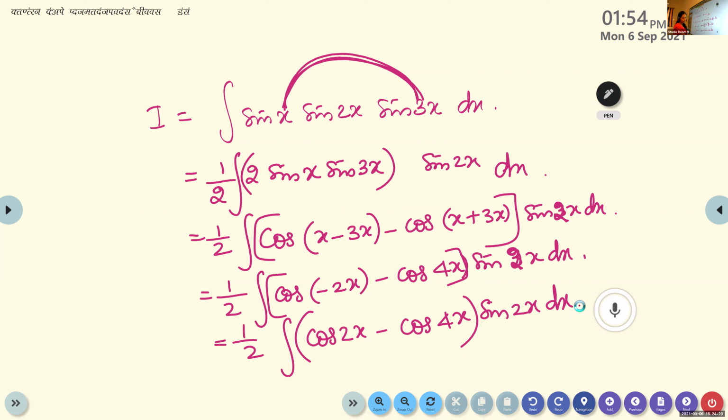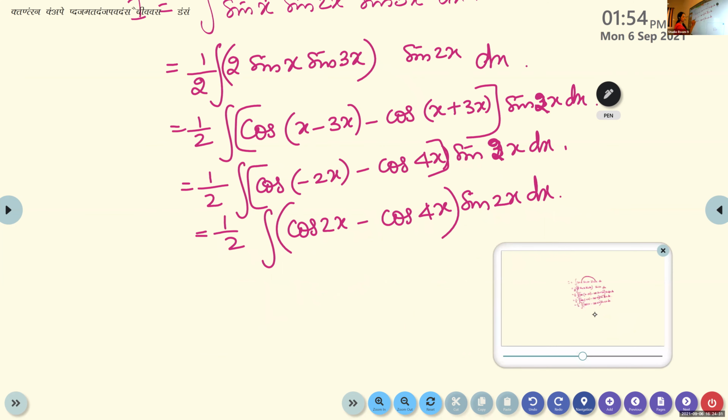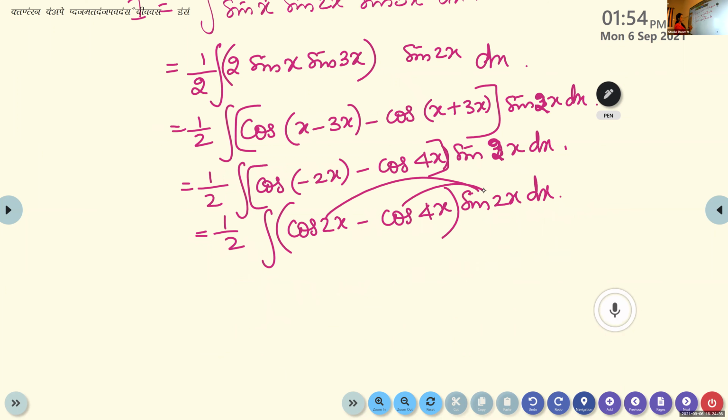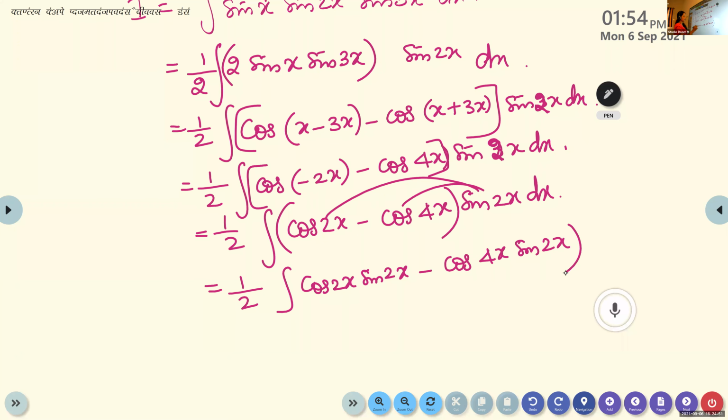So the next step, open the bracket. That means we are using distributivity. It will become integral of cos 2x into sin 2x minus cos 4x into sin 2x dx.